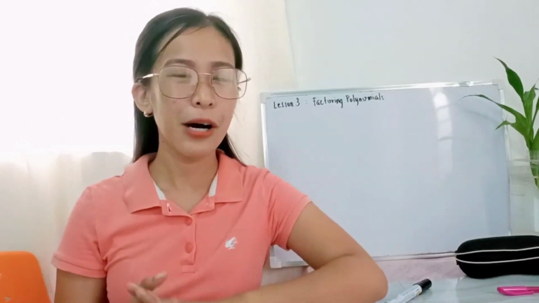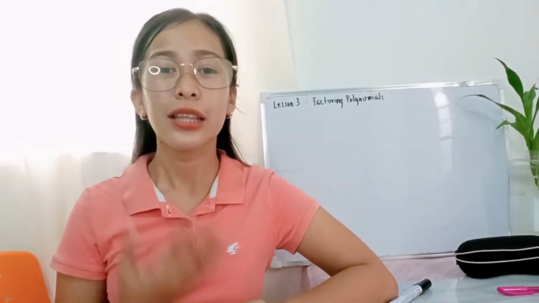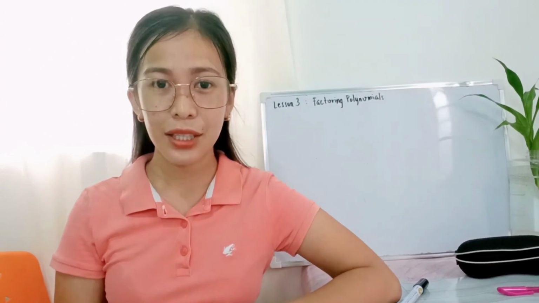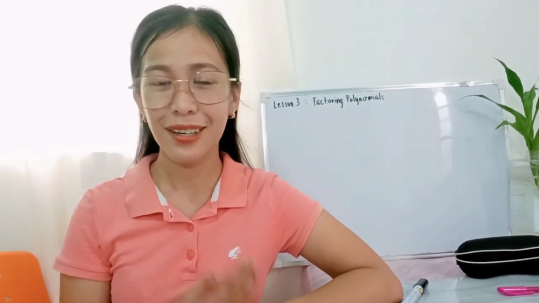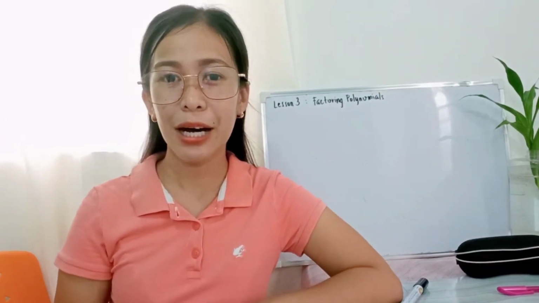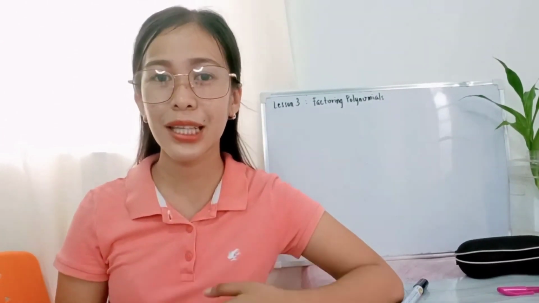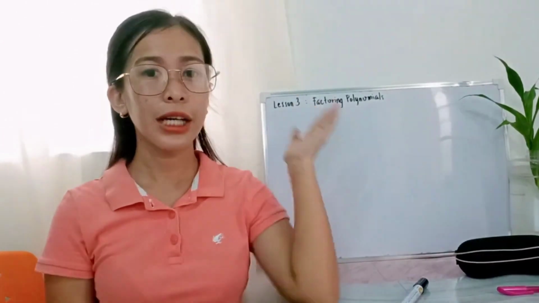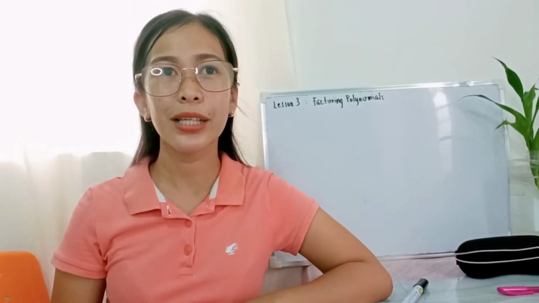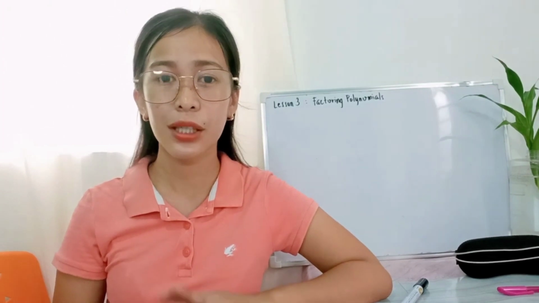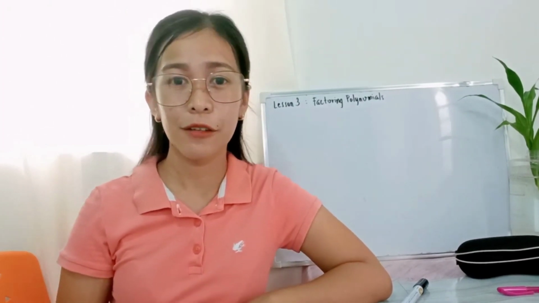Ayan. And ito na nga, may bago na naman akong offer sa inyo. And this is for grade 8 mathematics first quarter. Alright? So ito ay kaduktong lang naman nung dalawa kong in-upload recently all about factoring polynomials. Yung lesson 1 is factoring polynomials with the greatest common monomial factor.